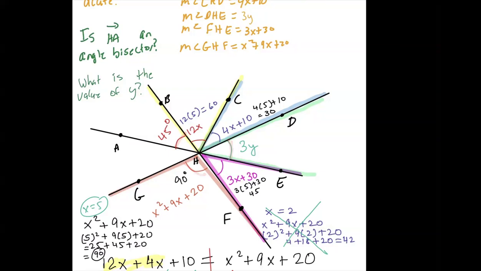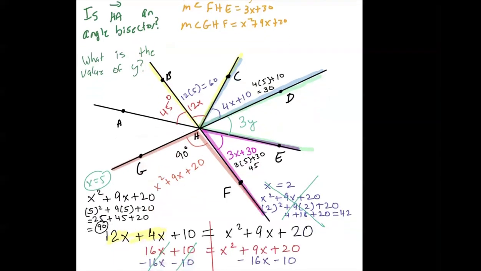Wait, no, it would be 45 plus 90 equals 180. Yeah, that's what I was thinking. See, this is a straight line. That means angles on a straight line should add up to 180. I already know the measurement of this, so let's do the math here.